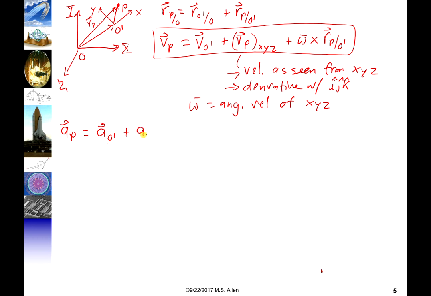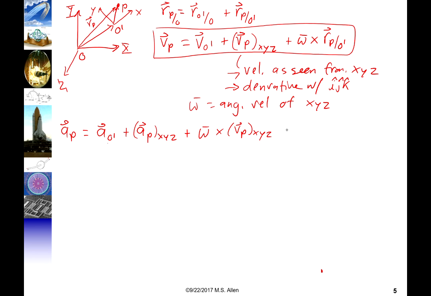So we take the derivative holding the unit vectors constant again. So this is the derivative we would see if the unit vectors weren't moving. But we know that we're going to need a correction factor similar to what we needed up here. So we also include omega cross V_P relative to xyz.